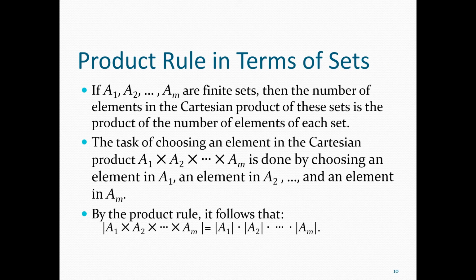Now the product rule in terms of sets can be written this way. If we have m sets A1, A2, up to Am, then the number of ways of choosing an element from the Cartesian product A1 × A2 × ... × Am is done by choosing an element of A1, multiplied by an element of A2, and so on, up to the number of elements in Am.